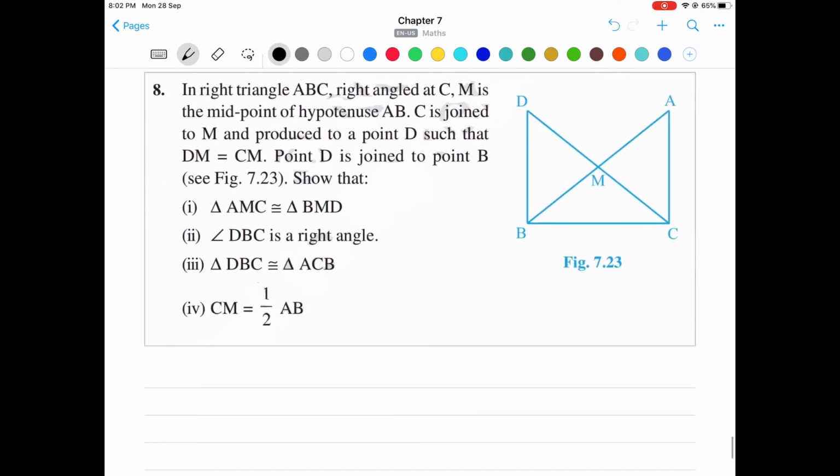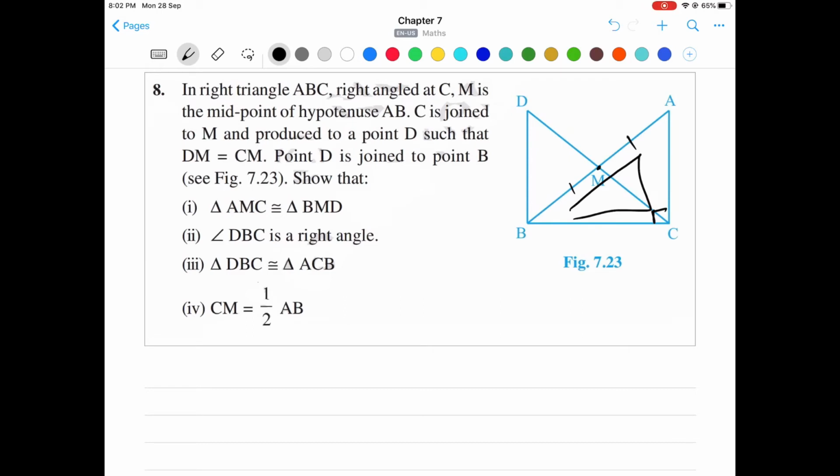I'm moving ahead to the last question of the exercise, which is question number 8. It says in right triangle ABC, right angle at C, M is the midpoint of the hypotenuse AB. So we have right triangle ABC, right angle at C. M is the midpoint of AB, which means AM and BM are equal.